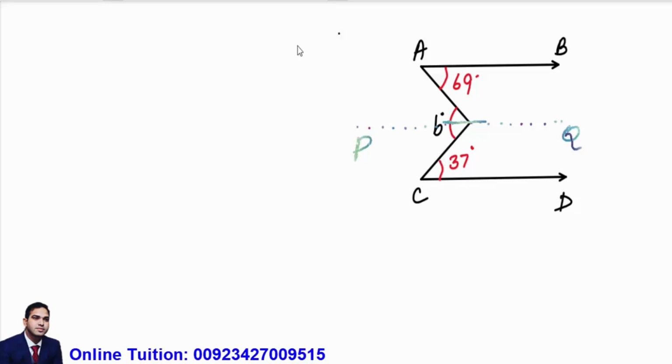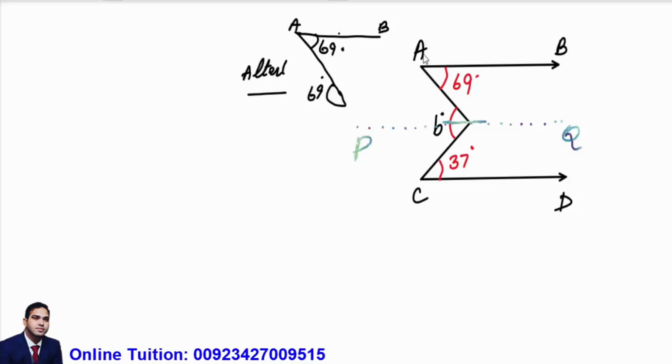Now you can see that this is A and this is B. So this angle is 69, and after that this angle will also be 69 because of alternate angles. Alternate side angles are equal.